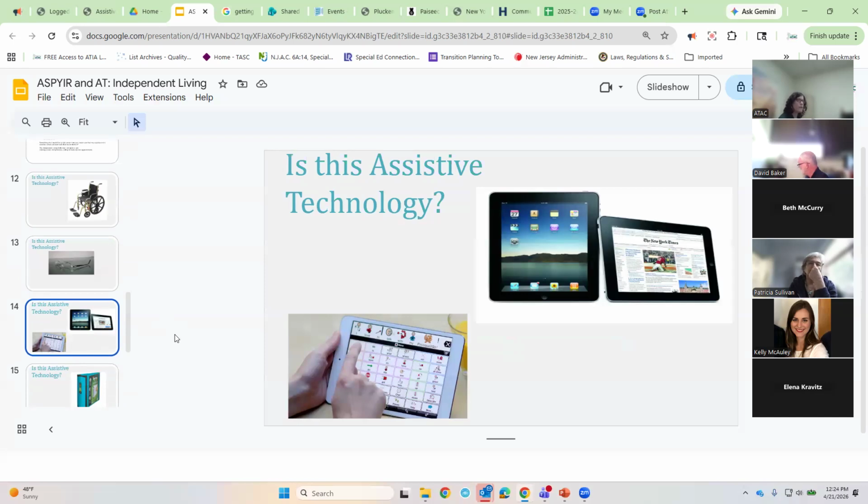Okay. What about some of our handy devices that we have in life, like tablets and communication boards, and tablets that become communication devices? Are these assistive technology? Okay, people are answering yes.